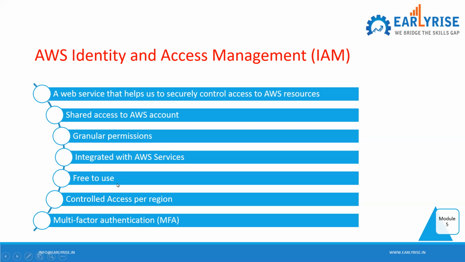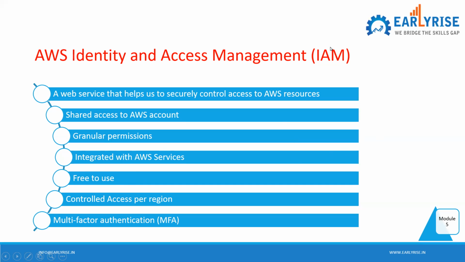Now look at this: free to use. We are not charged for creating a user. We are not charged for creating a group. We are not charged for creating some kind of policy. So you can do user management, everything, and you will not be charged for that. You will be charged only for accessing the resource.